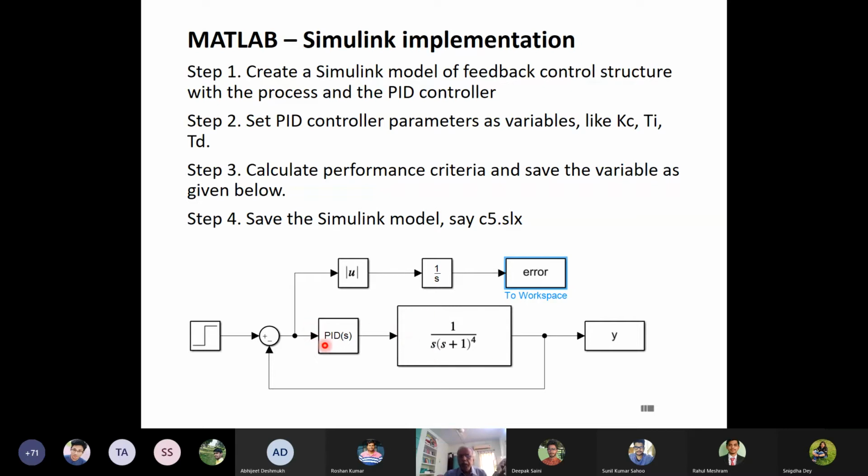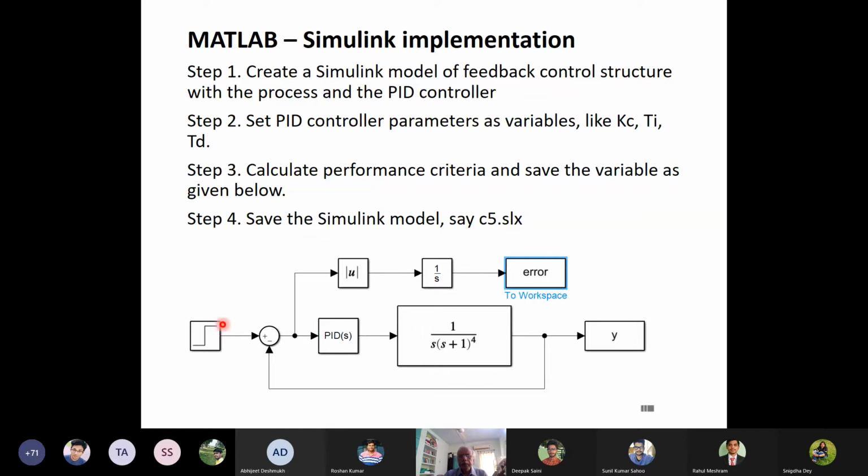And I have used a PID controller. When I'm defining the PID over here, I put the PID parameters as variables, Kc, tau I and tau d, without assigning any value to these variables.